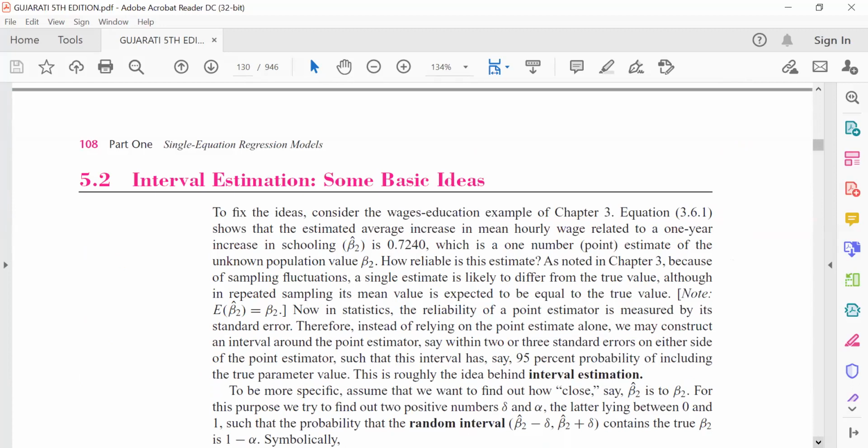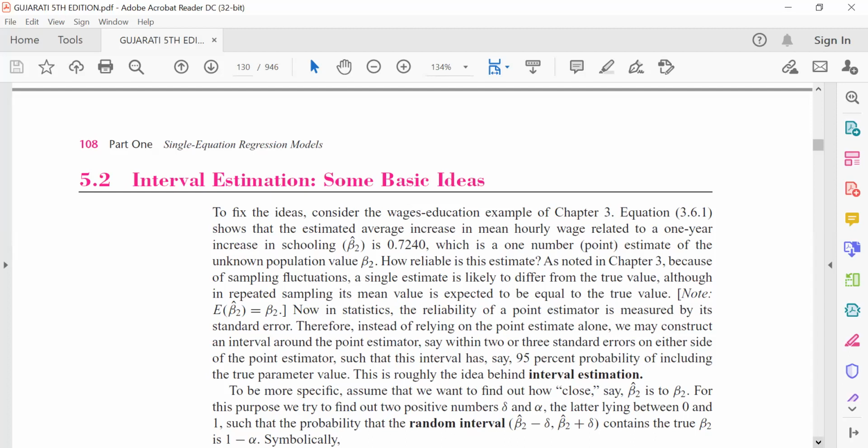We have equation 3.6.1, the estimated average increase in mean hourly wage related to a 1-year increase in schooling. If schooling increases by one year, that means the wage increases by 0.7240, which is one number estimate of the unknown population value.